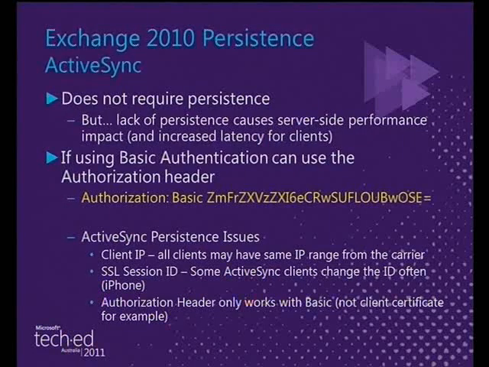So if the device has a public IP on it, source IP works great because you've got a wide variety of source IP addresses. If your carrier uses NAT and gives your mobile device a private IP address, now we're going to have an issue because all those mobile devices will come from the same public IP, therefore they're going to overload one of the CAS servers in the infrastructure.